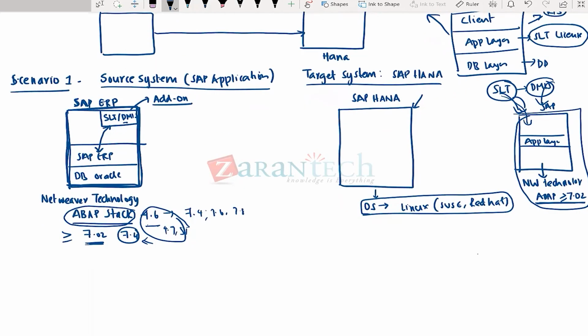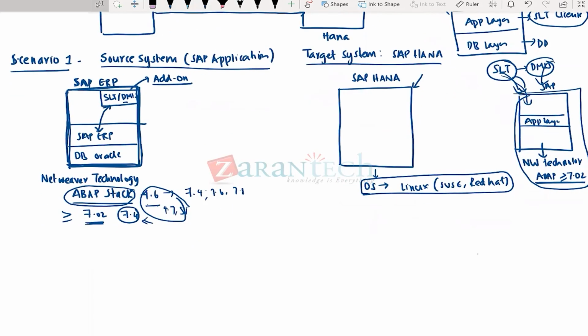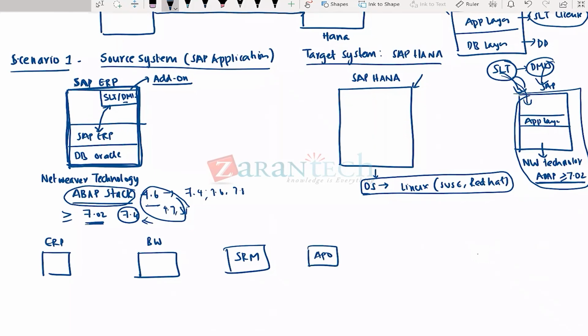Again, this is a technology term that is used in the SAP world. People who are familiar with SAP might know this. If you don't understand it, just understand that for two SAP systems, it could be an ERP system and a BW system, or a BW system and an SRM system, or an SRM system and an APO system, no matter what application it is, when two SAP systems need to communicate with each other, they use a technology called RFC, Remote Function Call.